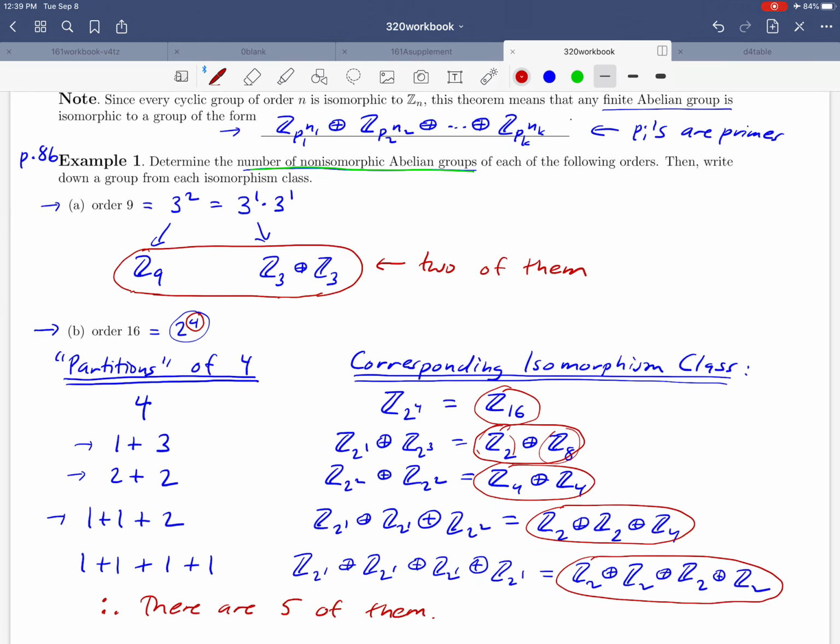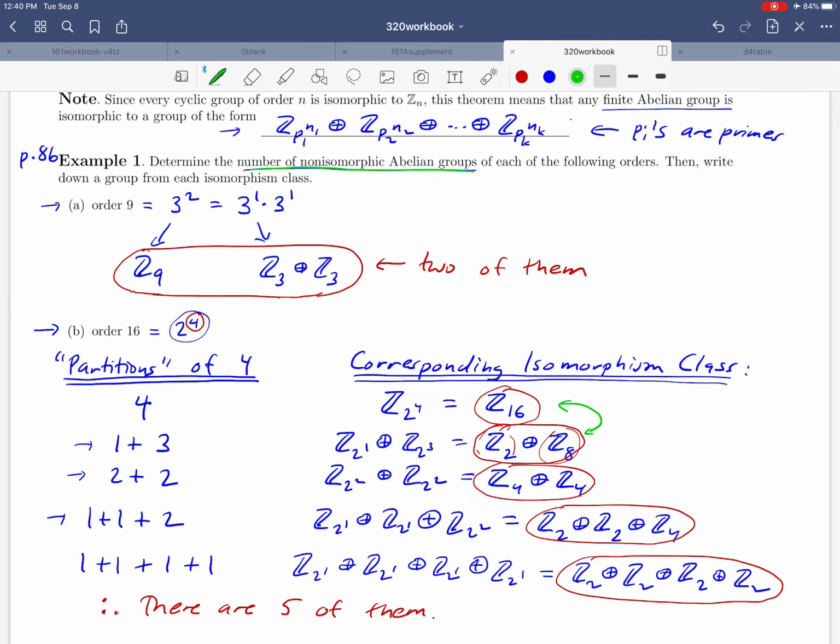Before we close this video, I want to make a couple of comments about how we really know that each group on this list is its own isomorphism class. In other words, the claim we're making is that none of the groups on this list are isomorphic to each other. We could start with these 2, Z16 and Z2 plus Z8.